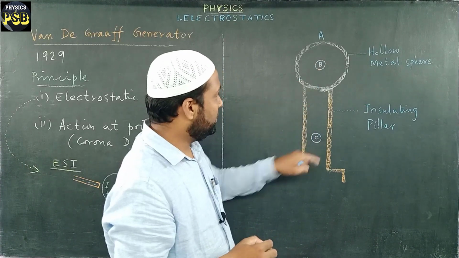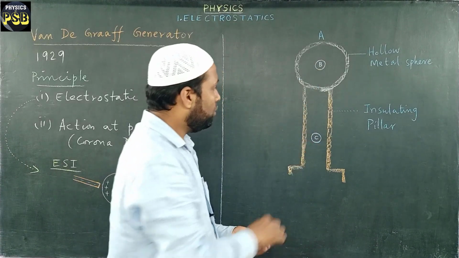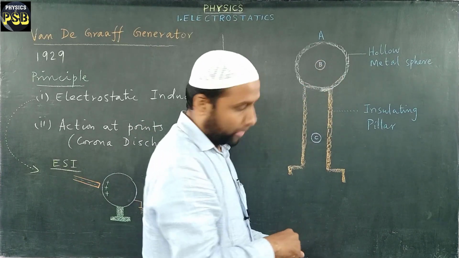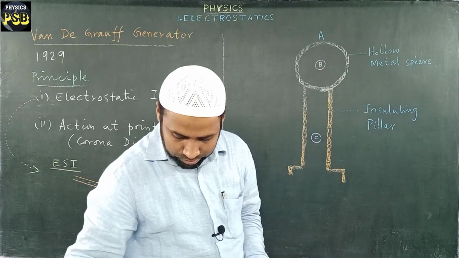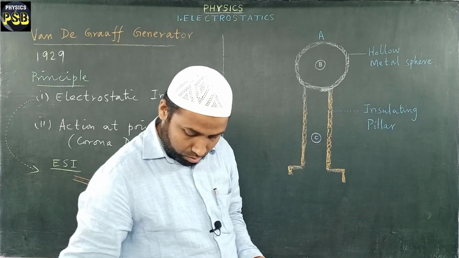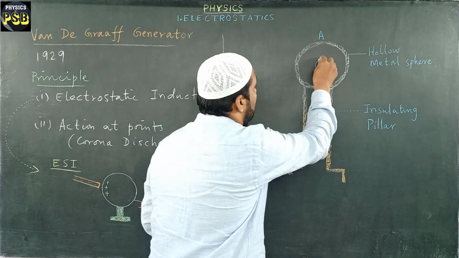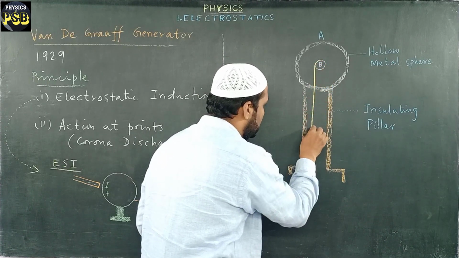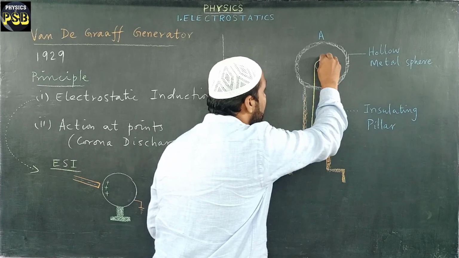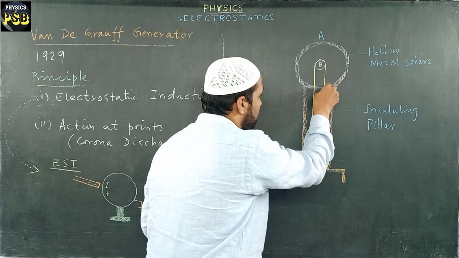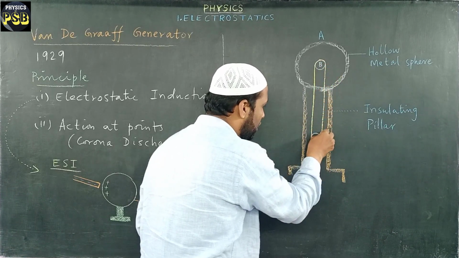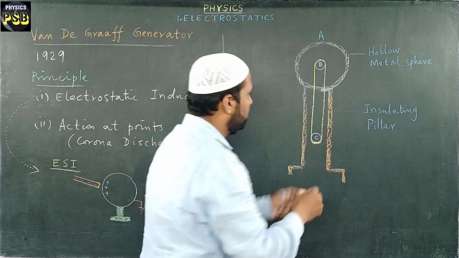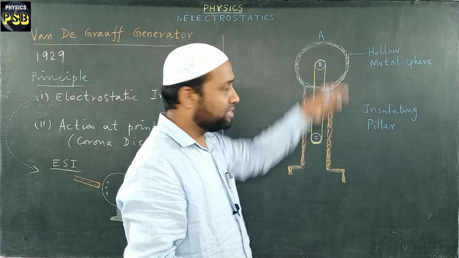The pulley B and pulley C. Now, over these two pulleys, a belt made of some insulating material like silk or rubber passes over, something like this.